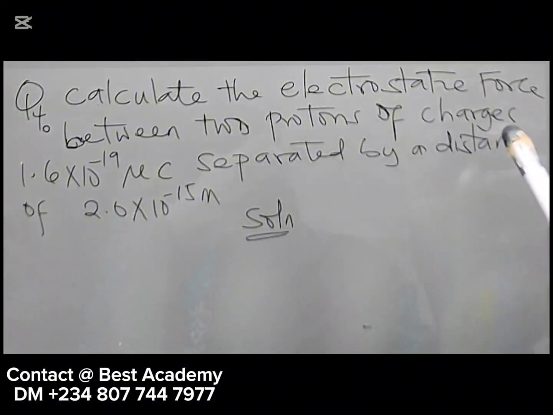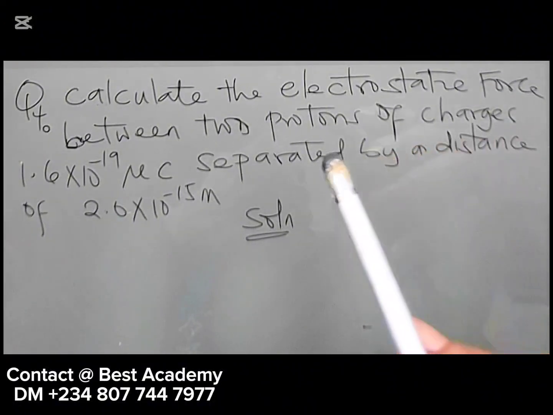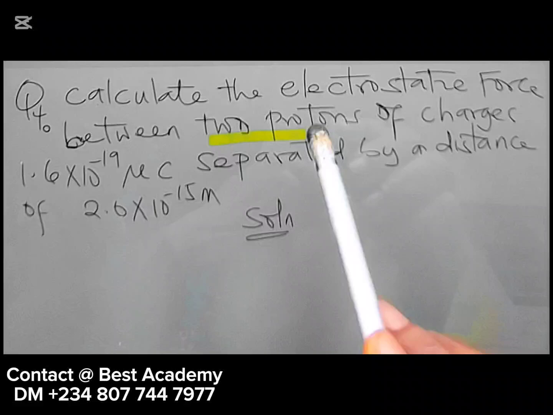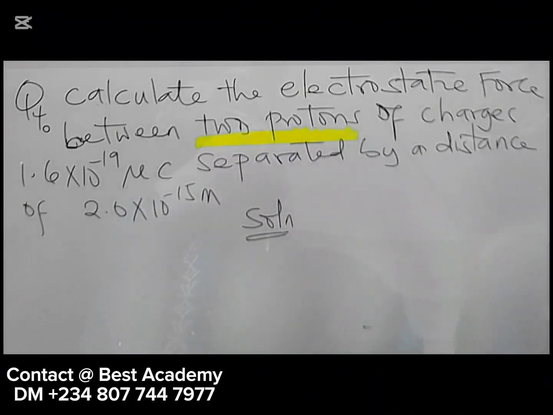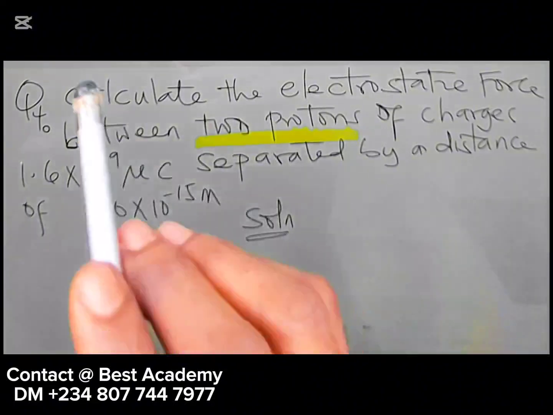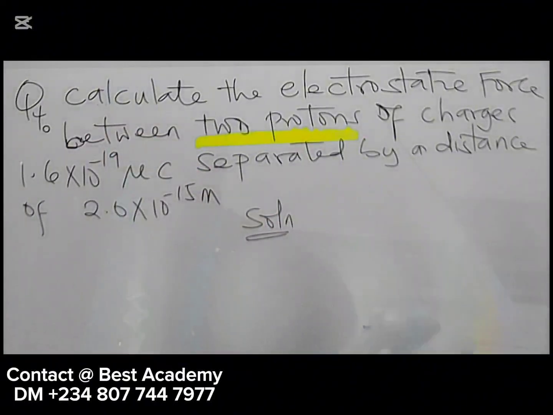So they say calculate the electrostatic force between two protons. We have these two protons. There are some words that indicate charges, protons or electron. When we say proton, we mean positive charge.